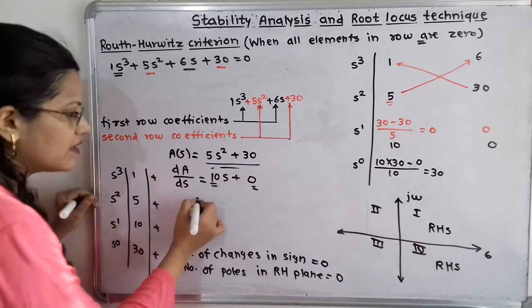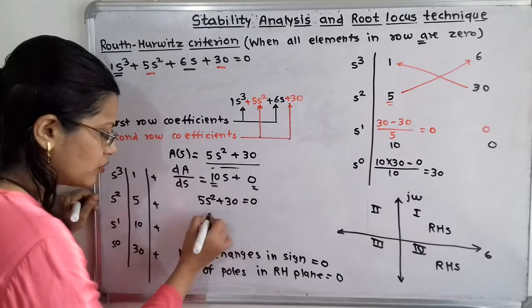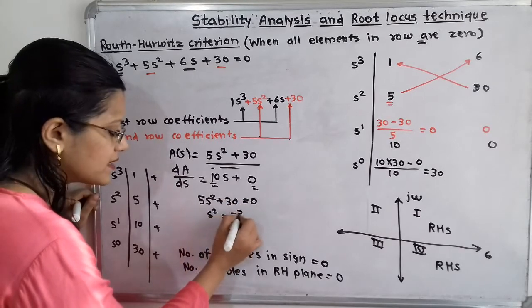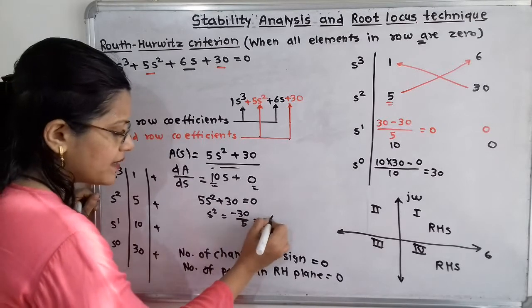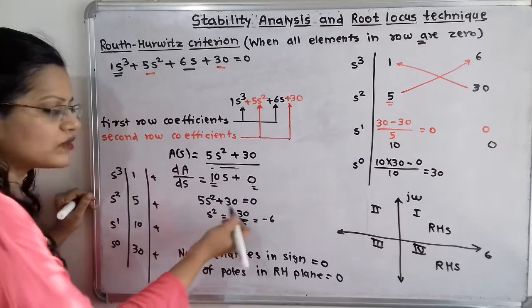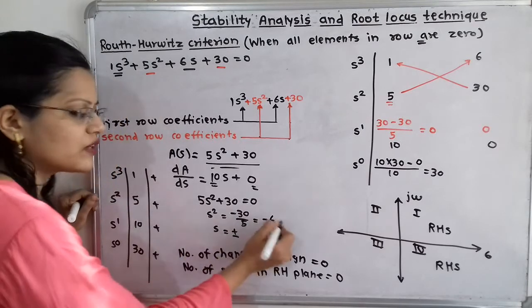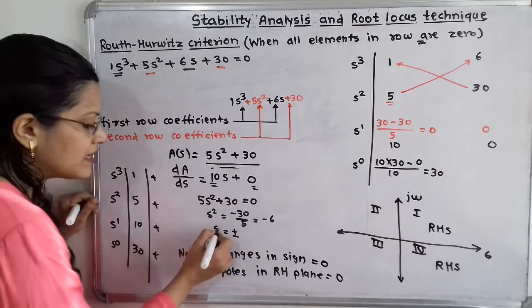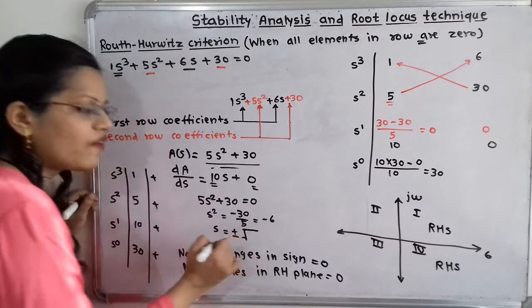So I will write here 5s square plus 30 is equal to 0. So s square is equal to minus 30 by 5, that means minus 6. How to find the roots? If I take the square root on both sides, then s is equal to plus minus under root of minus 6.